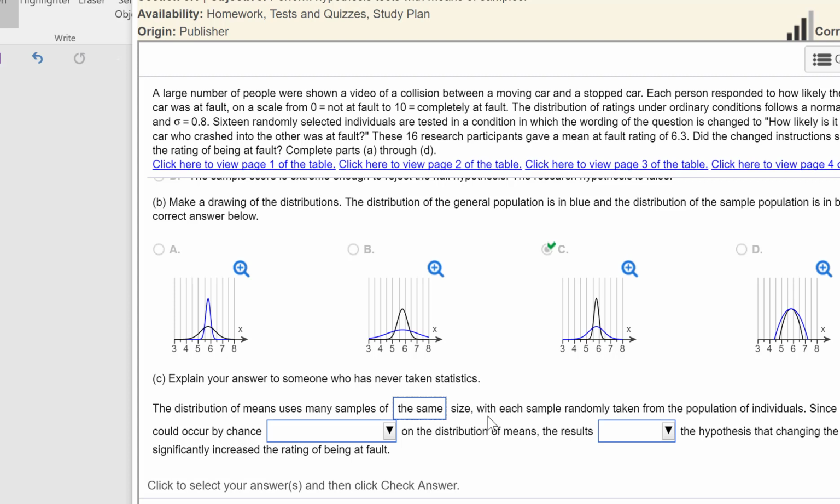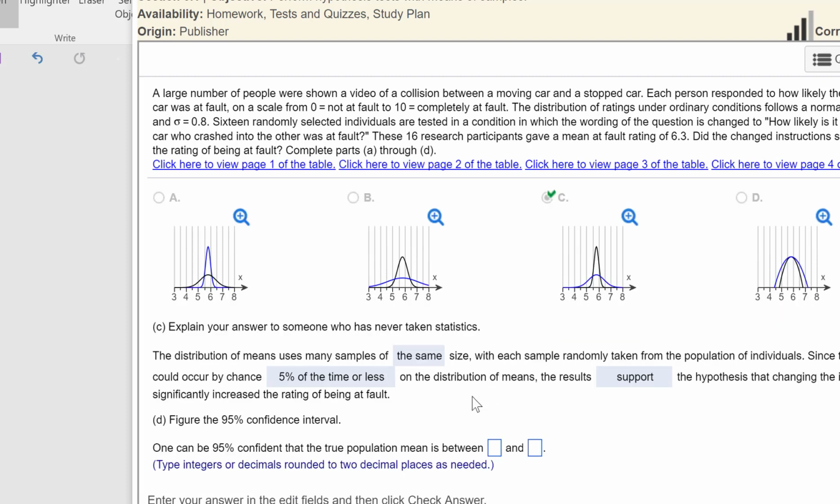It takes the sample size of 16 and goes through all the different possibilities, with each sample randomly taken from the population of individuals, since the sample scores occur by chance 5% of the time or less. Remember, we're trying to get under that 5% threshold on the distribution of means. The results support the hypothesis that changing instruction significantly increases the rating at fault.